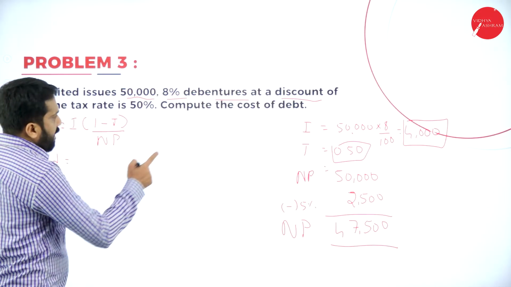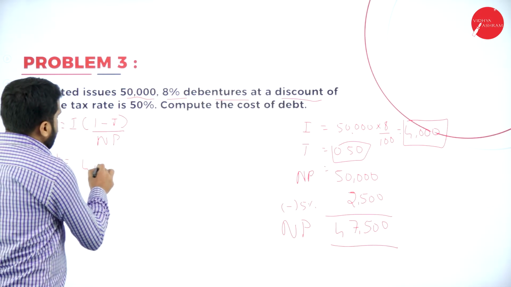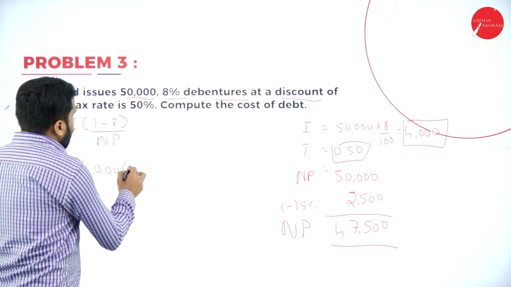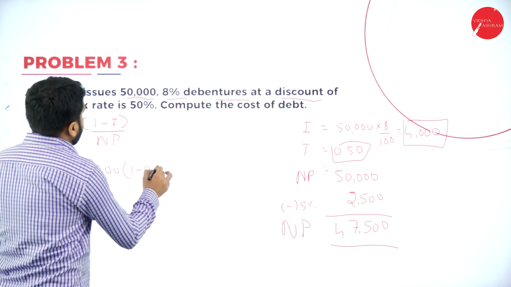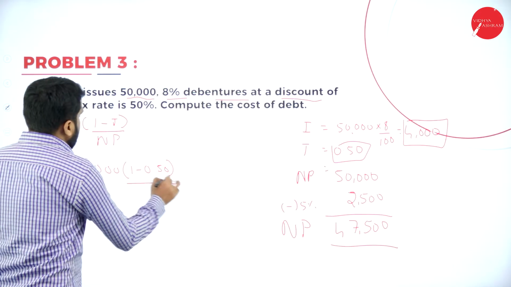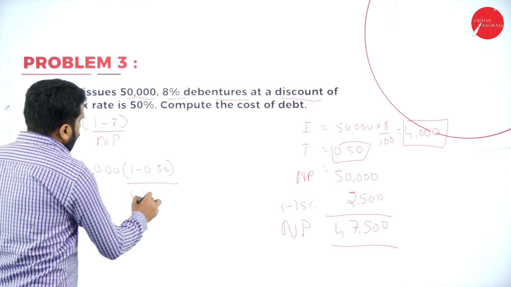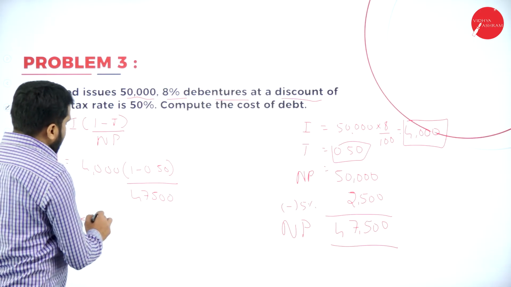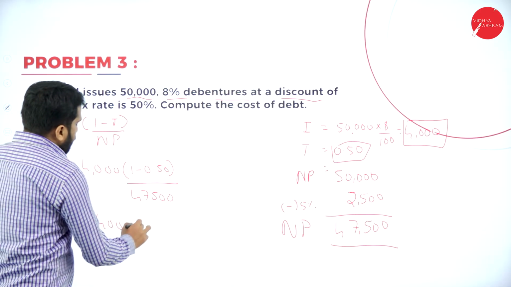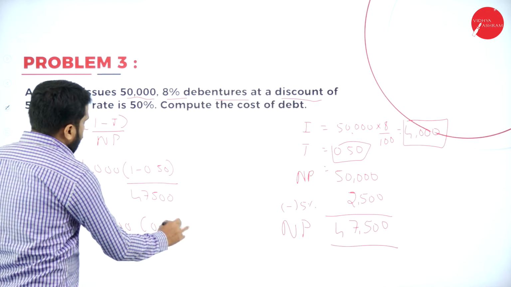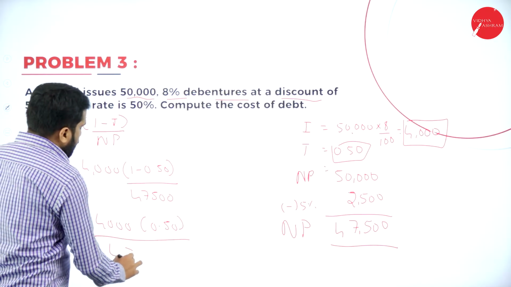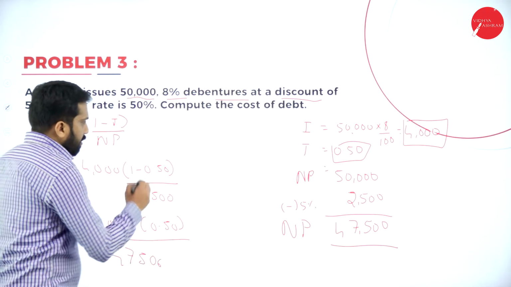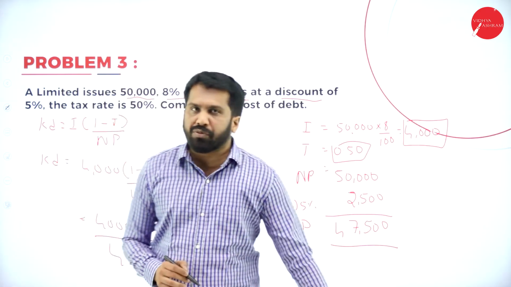Kd is equal to, I means what? 4,000. 1 minus 0.50 whole divided by net proceeds 47,500. Now multiply 4,000 into 0.50 divided by 47,500. So these are the information we got.